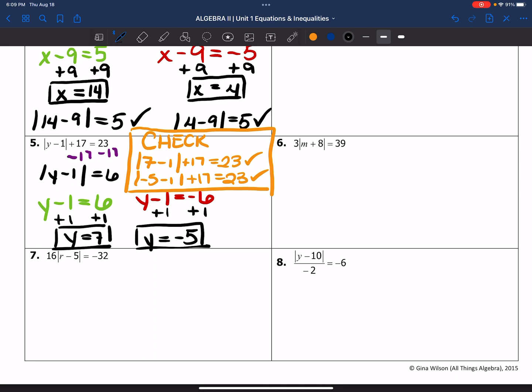So what do I need to do? What is the opposite of multiplication? I need to apply that multiplicative inverse and divide each side by 16. That will then give me my absolute value of r minus 5 equals a negative 2. And ladies and gentlemen, what does that lead us to conclude?